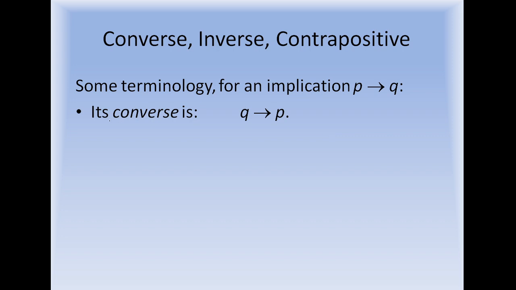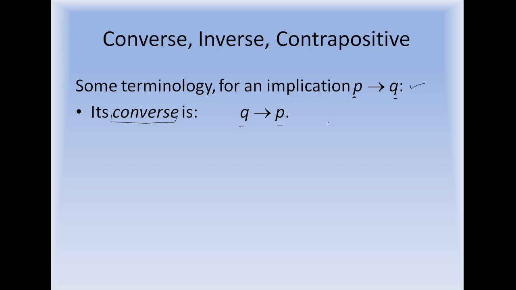Now what is the converse of P implies Q? It is Q implies P. You have to interchange the places of P and Q. Then it is the converse of this statement.